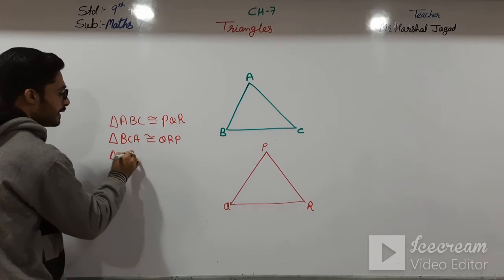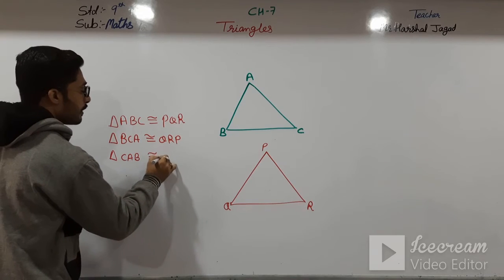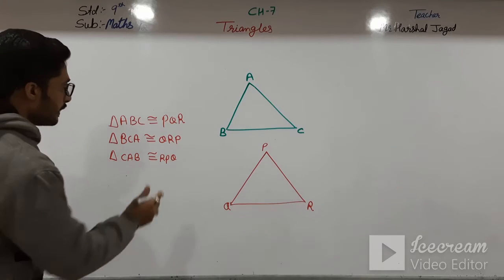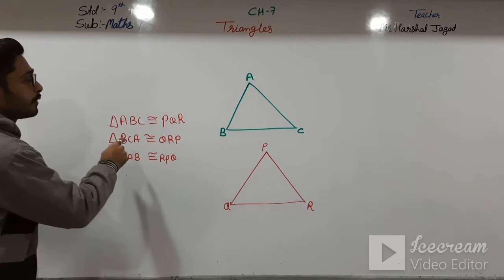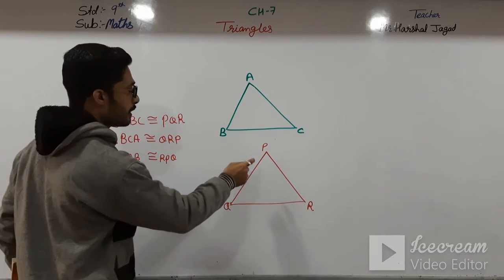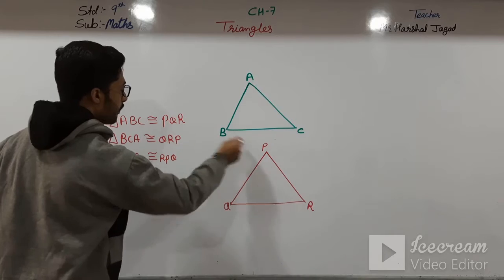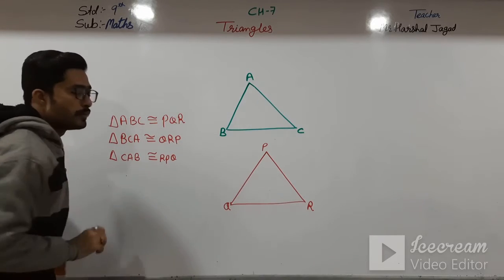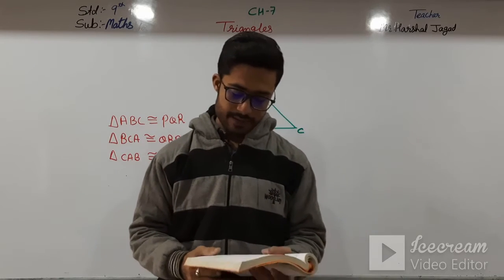If triangle CAB, then it is congruent to RPQ. So if you take ABC, then you have to take PQR. If you take BCA, then you have to take QRP. If you take CAB, then you have to take RPQ. This type of triangles are congruent to each other.